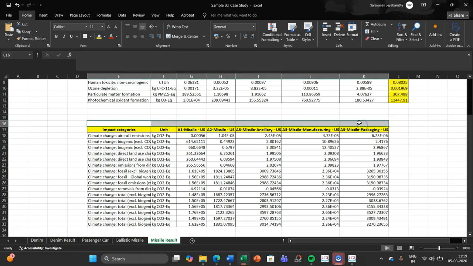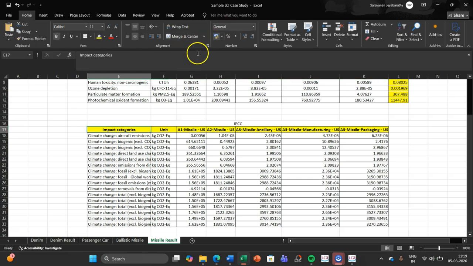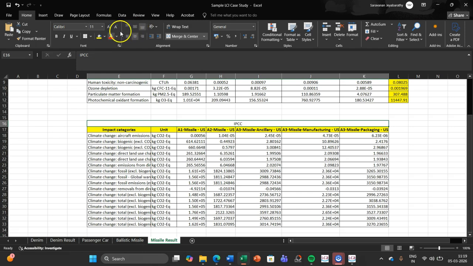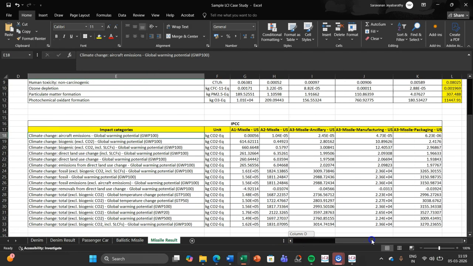So as you see, the impact categories, all of them are GWP, climate change, but under various heads. That's what you can understand here. So it would be like climate change, aircraft, and so on, everything will be there. See the number, fossil.